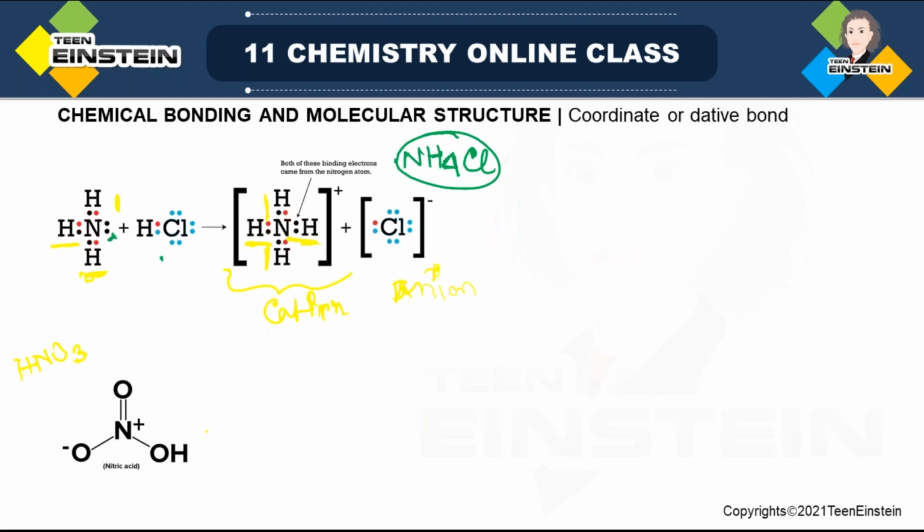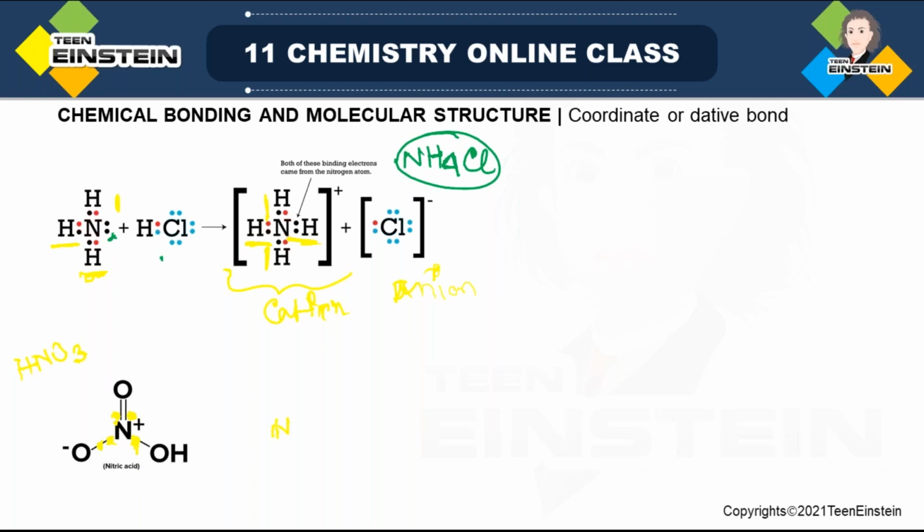Out of these 5, nitrogen uses 3 electrons for bond formation: 1 electron in this bond, a second electron here, and here we have a double bond, so another electron is also required. Out of 5, 3 are used up, 2 remaining. The 2 electrons are present in this bond, so this bond between N and O is actually the coordinate bond.